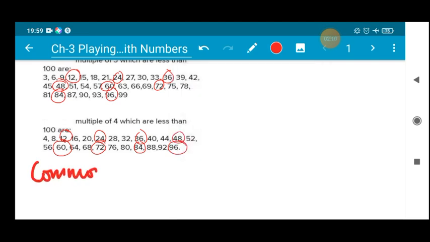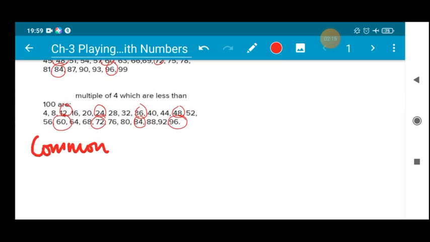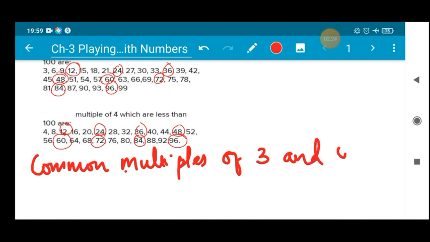They have asked us to find the common multiples of 3 and 4 which are less than 100, starting from 12.